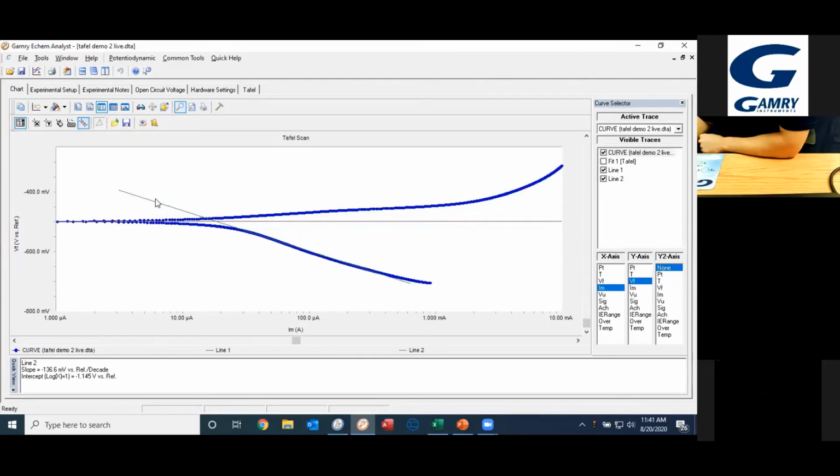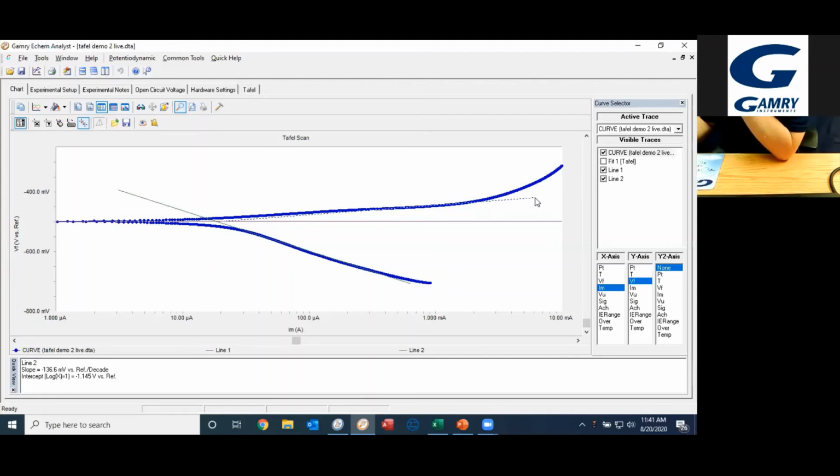So I want to draw a line where I'm crossing over E-corr and our extrapolation from the cathodic side. And this is where you're going to get a little bit of variation, because if I take the data that I have fairly close to the open circuit, then my crossover point is going to be closer to this region. But then I'm cutting all the way through the data. It's no longer tangential.